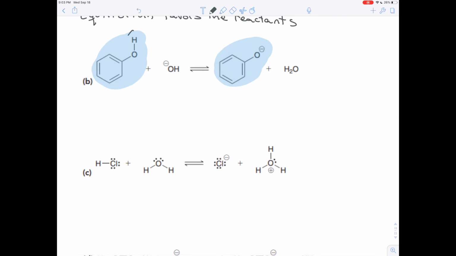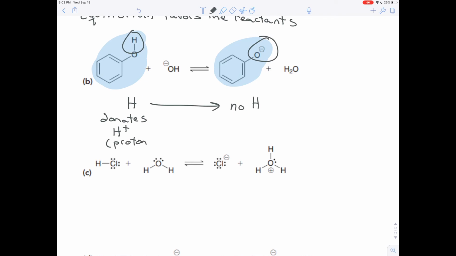You'll notice the one on the left has a hydrogen. The one on the right does not have that hydrogen on the oxygen. You go from having a hydrogen to not having a hydrogen. That means you gave the hydrogen away. The molecule donated an H+ or a proton. Donating a proton is the definition of an acid, and so that molecule is an acid.